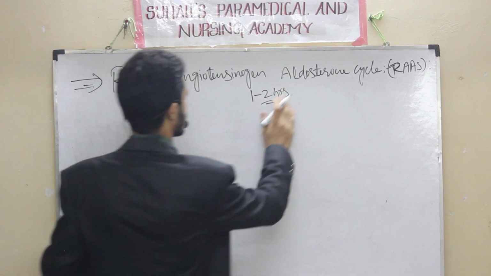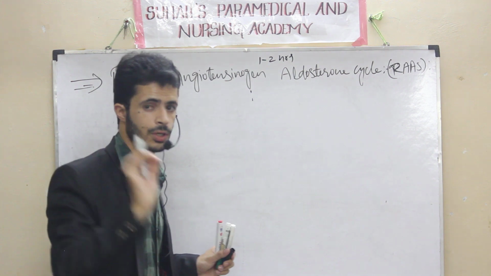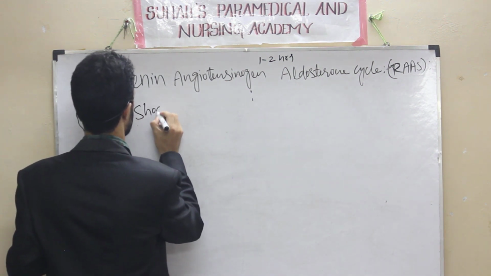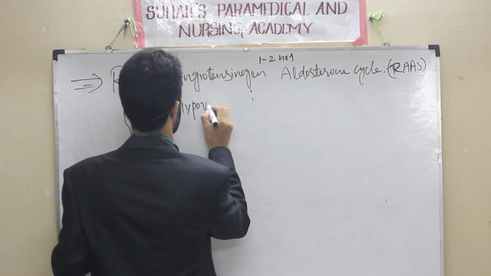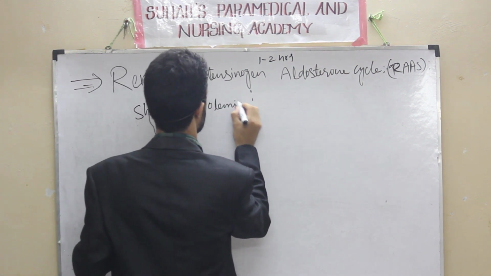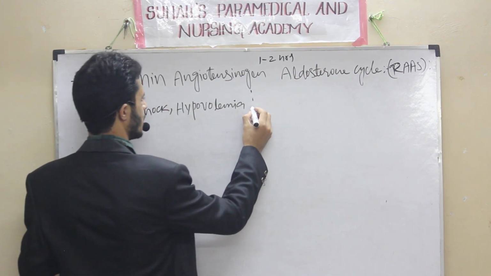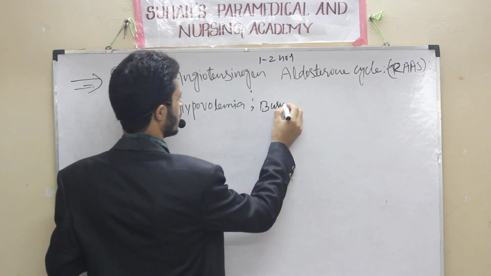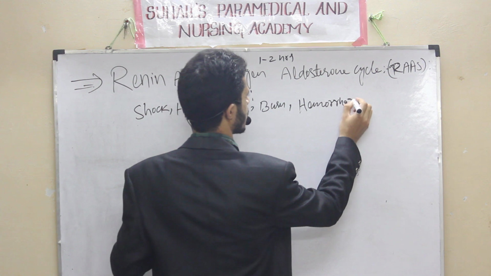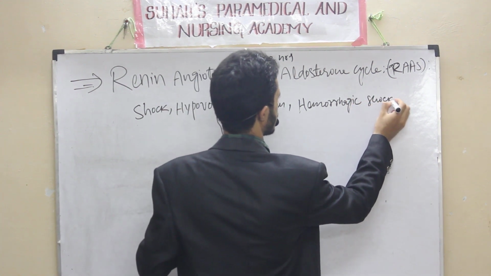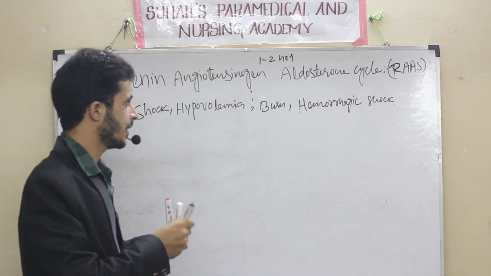I told you it takes 1 to 2 hours. So what happens in the body? Whenever there is shock, hypovolemia, burn, or hemorrhagic shock, there will be a decrease in BP.